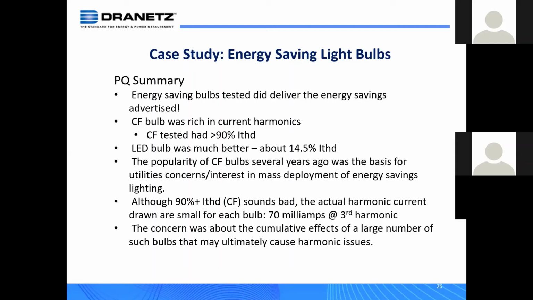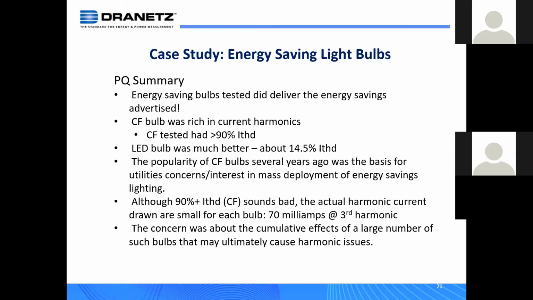So when you look at this, and this is using the CF bulb because it's worse, okay? You look at the actual harmonic current drawn, it's very small for each bulb. On the CF bulb, the third harmonic was only 70 milliamps. In our homes, typically in the United States, maybe you'd have a 15 amp circuit or sometimes a little larger 20 amp circuit.